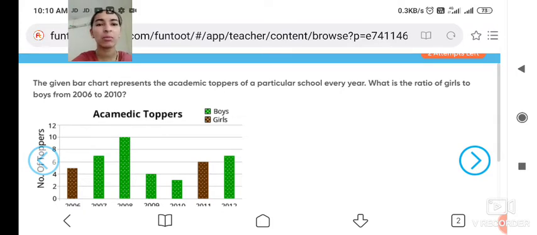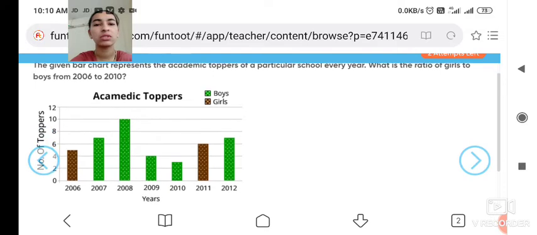Here the academic toppers are given. Green color indicates boys, and the second color, brown, indicates girls. In 2006 brown color is there, in 2007 boys are there, in 2008 boys, then 2009 and 2010 boys are there, toppers.